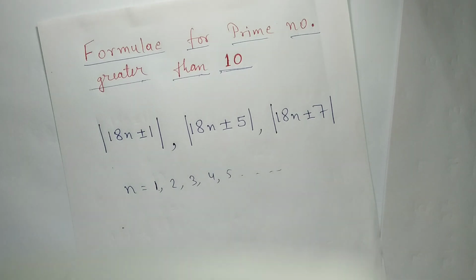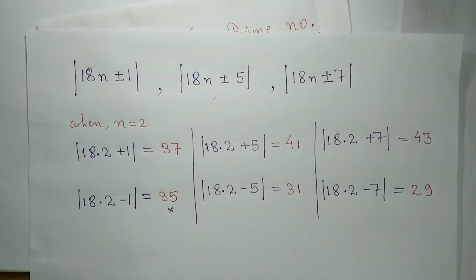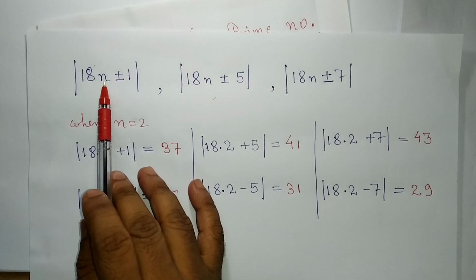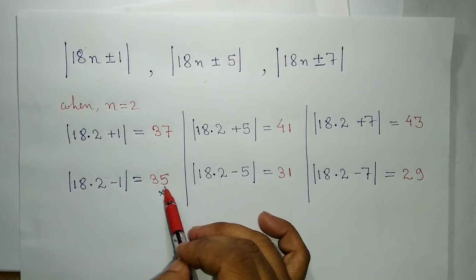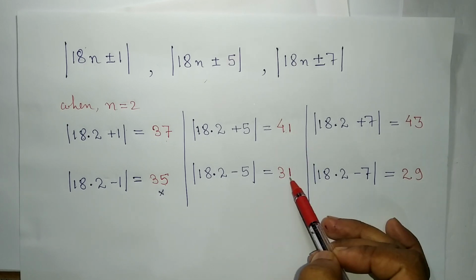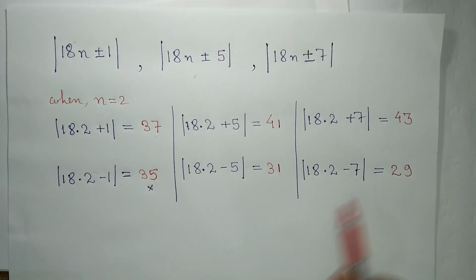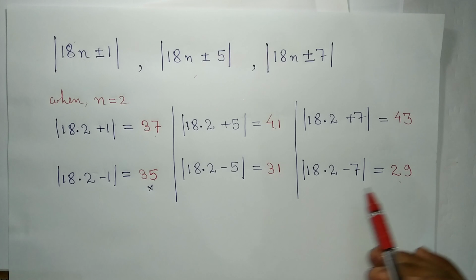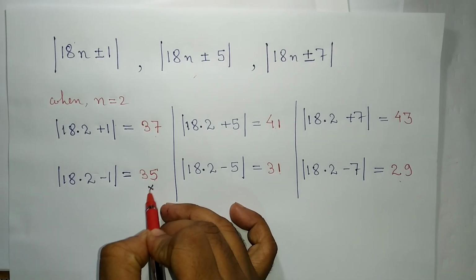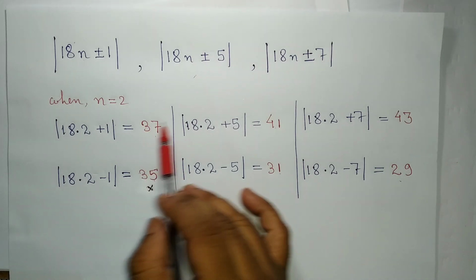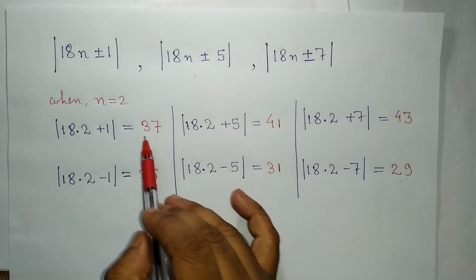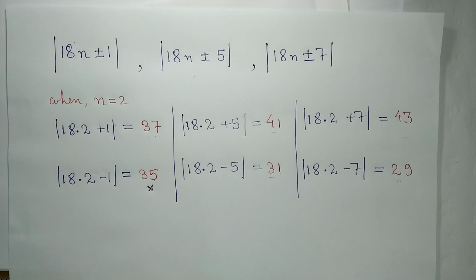When n equals 2, putting 2 here, we get 37, 35, 41, 31, 43 and 29. Only 35 is not prime, so out of 6 outcomes, 5 are prime.